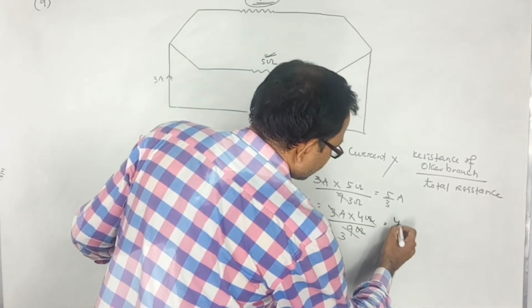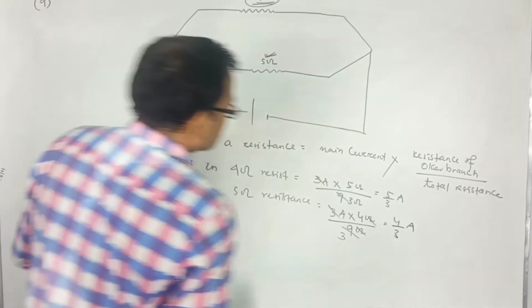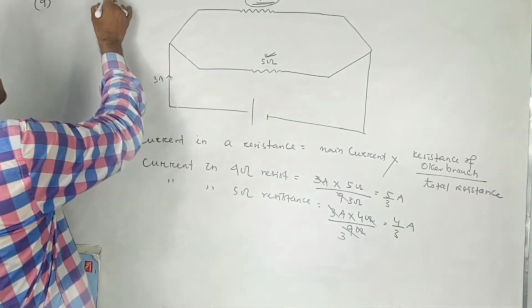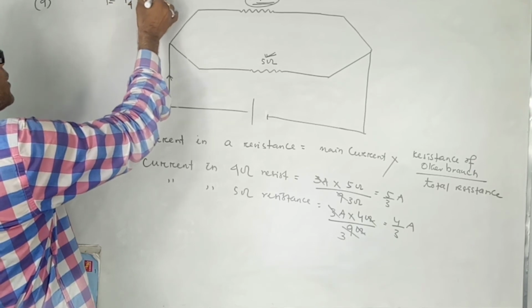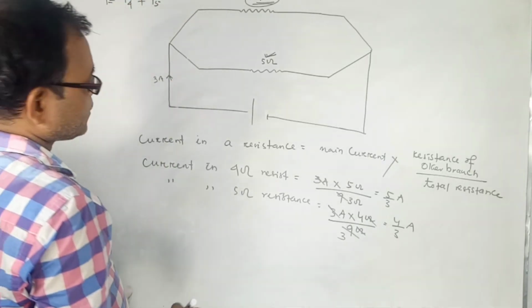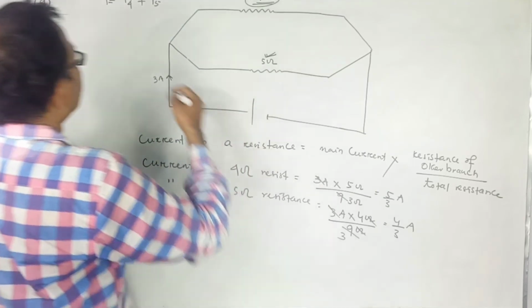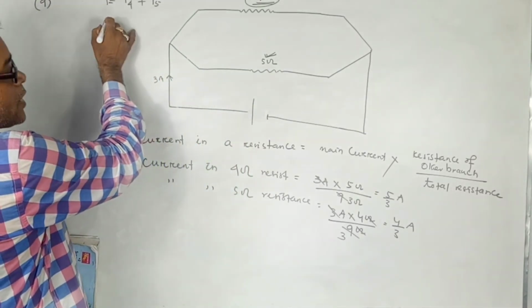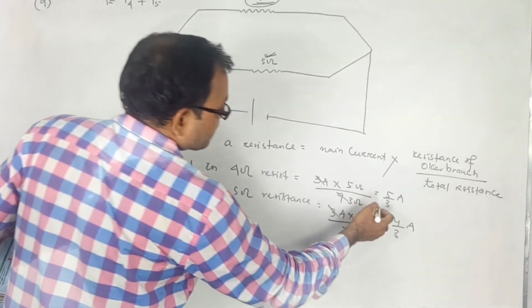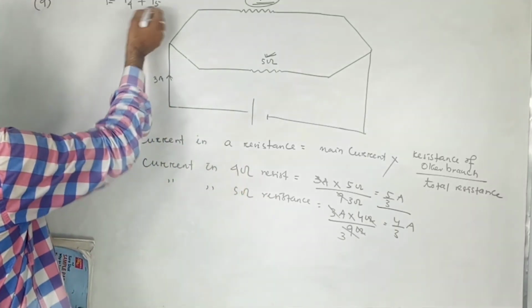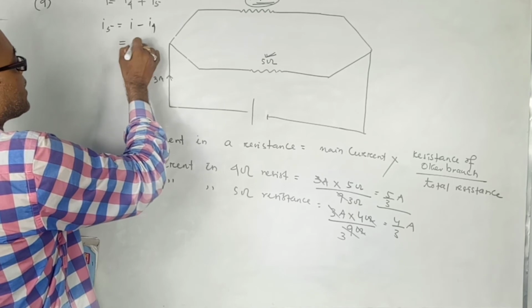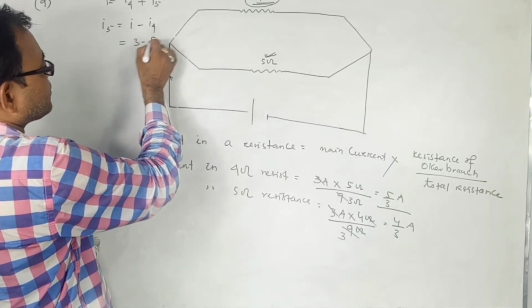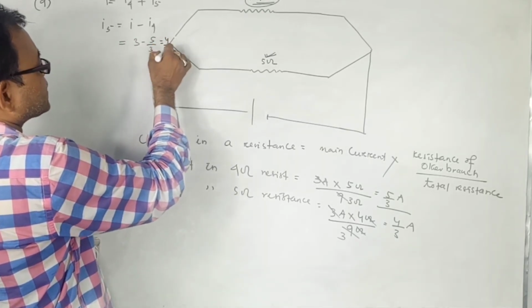So answer is 4 by 3 ampere. This can also be calculated as I is equal to I1 plus I2, that is current through 4 ohm resistor plus current through 5 ohm resistor. If we got the current in 4 ohm resistor as 5 by 3 ampere, then current in 5 ohm resistor is equal to I minus I1, it is 3 minus 5 by 3, we can get the answer is 4 by 3 ampere.